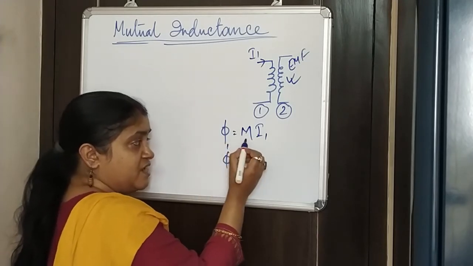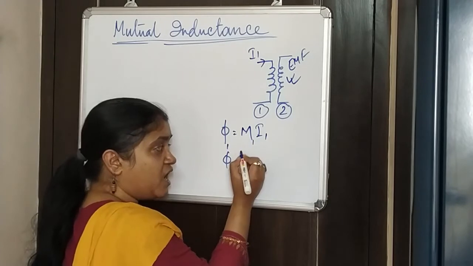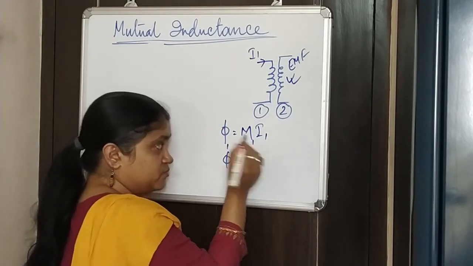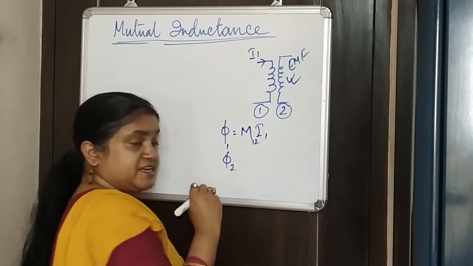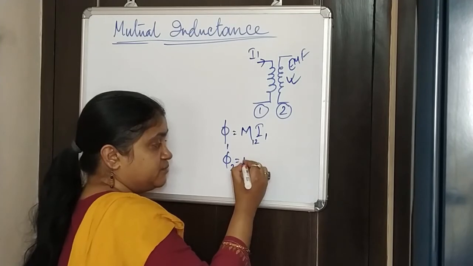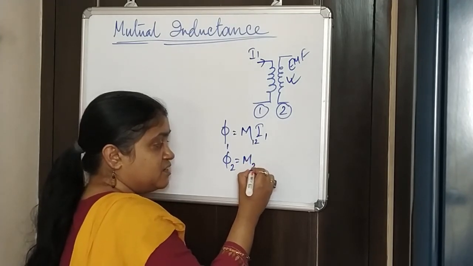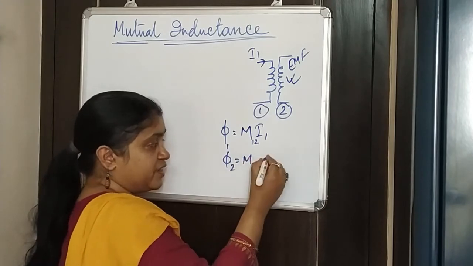This M is the mutual inductance, M12, in the primary coil due to the secondary coil, and here the mutual inductance is M21 in the secondary coil due to the primary coil.